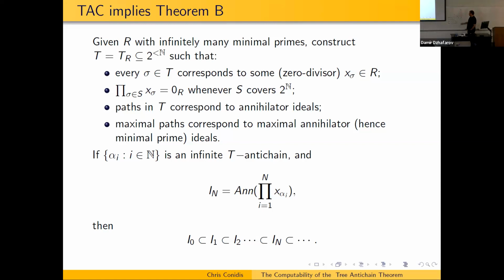And so the annihilator ideals you get from an infinite antichain give you an infinite strictly ascending chain in the ring that you started with, the ring with infinitely many minimal prime ideals that are uniformly co-prime. This is basically the main idea of the construction here.